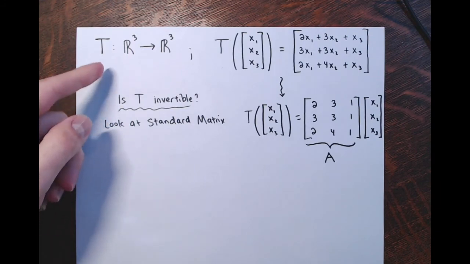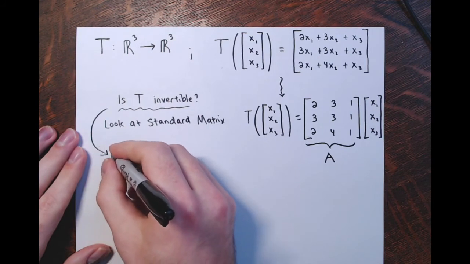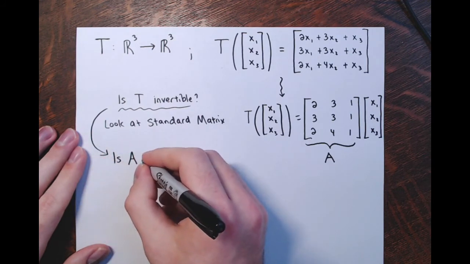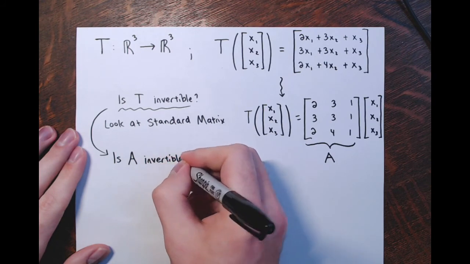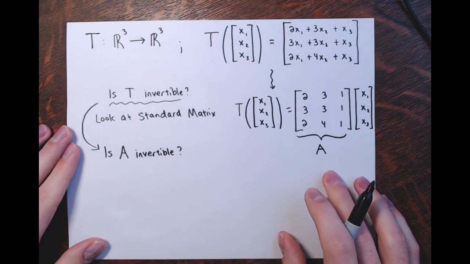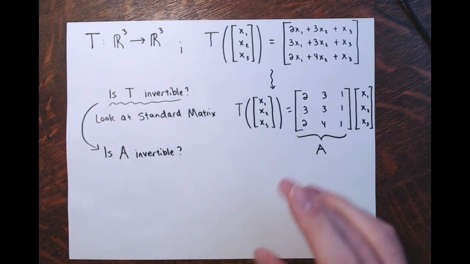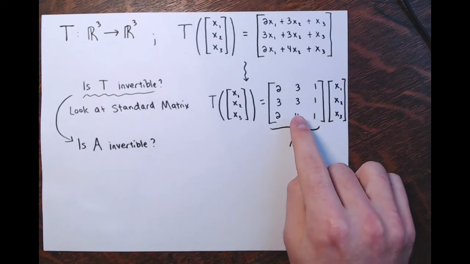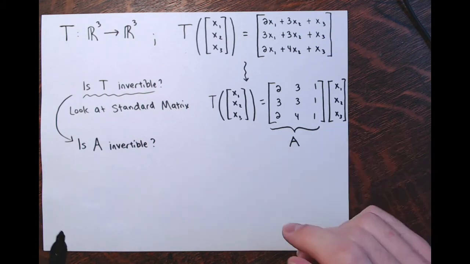So asking if T is invertible is the same as asking, is the standard matrix invertible? Or non-singular? Does it have an inverse? Now you could join the identity matrix on this, put it in reduced echelon form, and see if you can find an inverse.